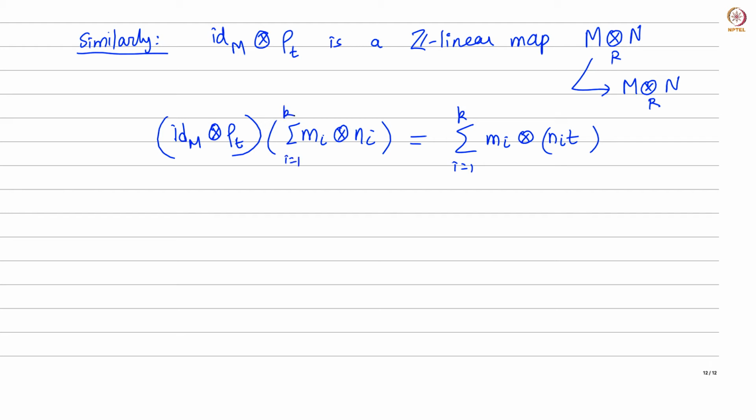Okay, so we have these two Z linear maps. Now the key point is that these maps are well defined, right? We don't need to worry about showing that this definition is well defined and so on. All we have to show is that they satisfy all the axioms required to make M tensor N into an ST bimodule.